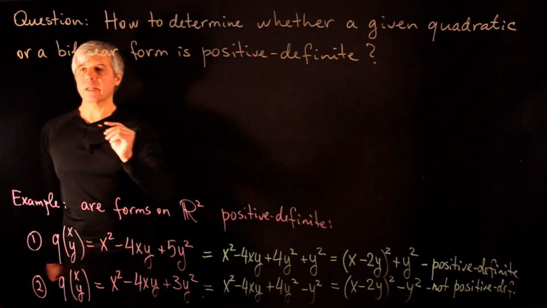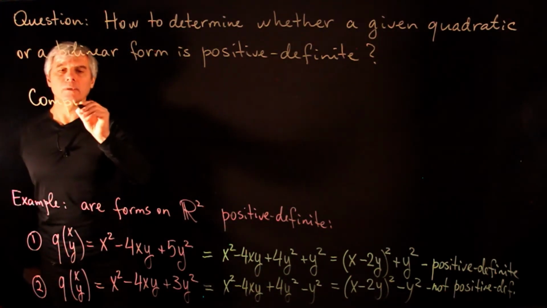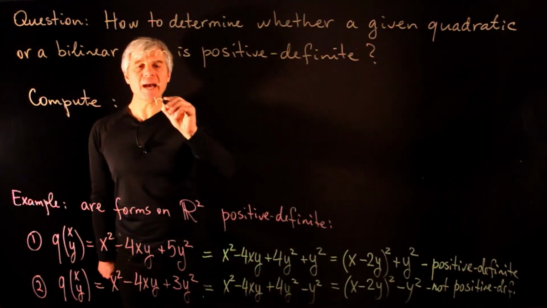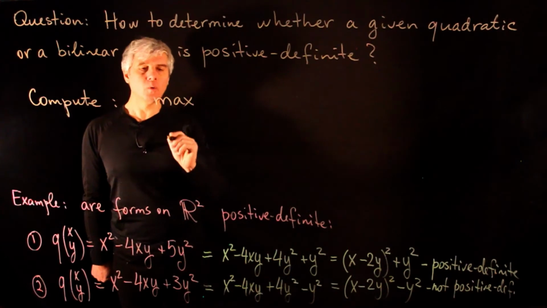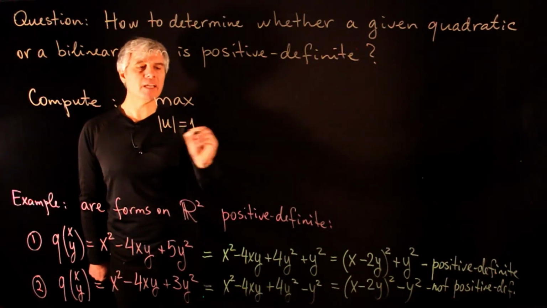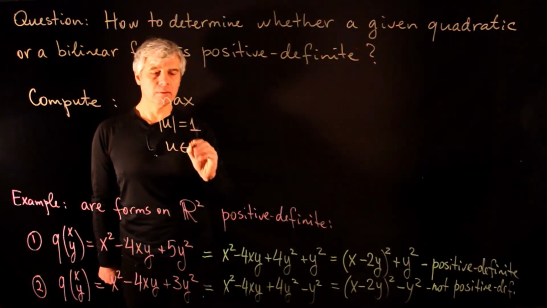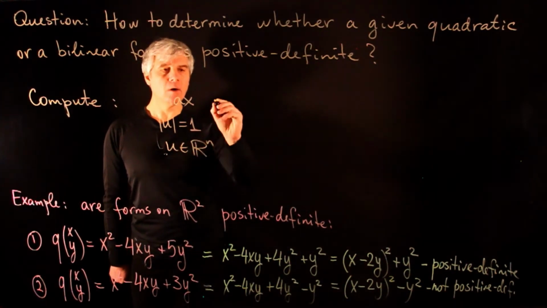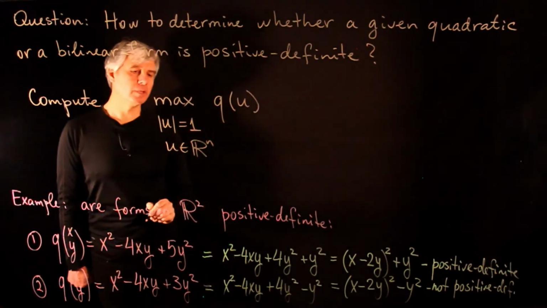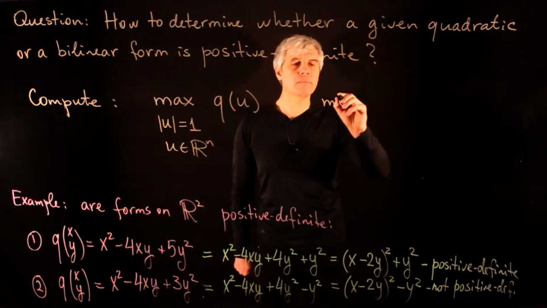Or more generally, we may ask how to compute the following. So what will be the maximum over unit vectors, so we take vectors u of length 1 in Rn, of the value of the quadratic form on vector u. And likewise for the minimum.